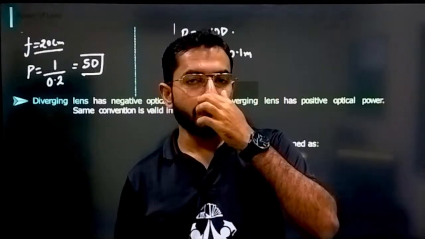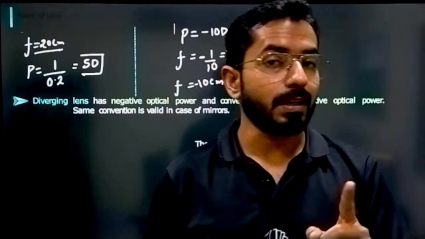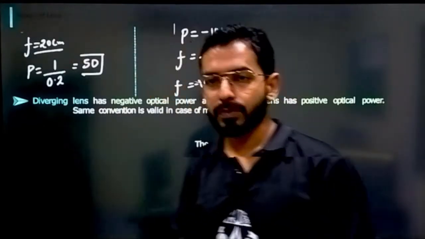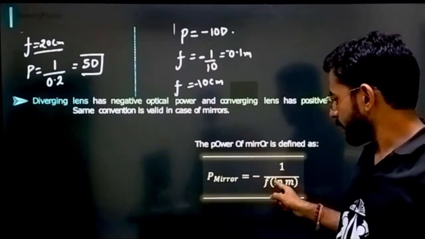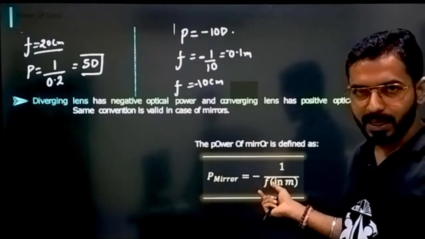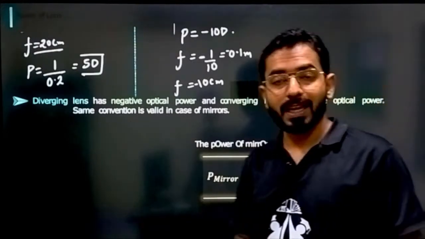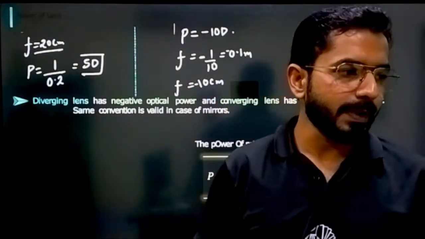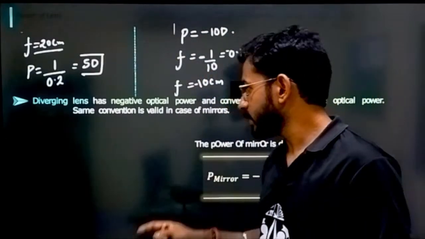And in mirrors, the concave mirror is converging, but its focal length is negative. That's why we add a negative sign here. Again it will become 1 by f, where f is negative for a converging mirror, and this negative is cancelled out. Again for converging, net power will come as positive. So this is the way you can remember things. Okay.